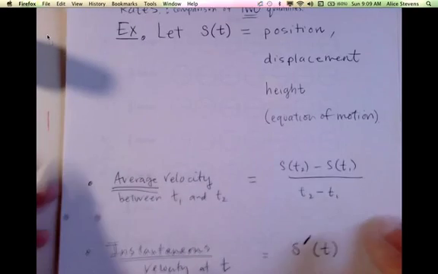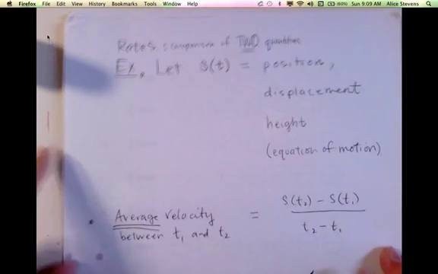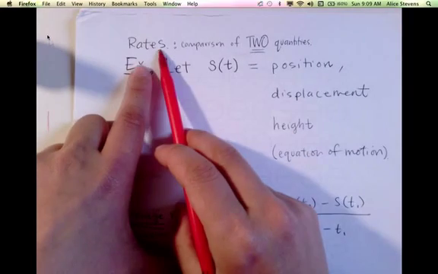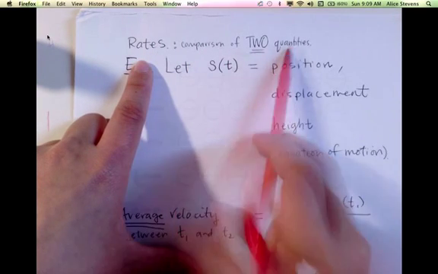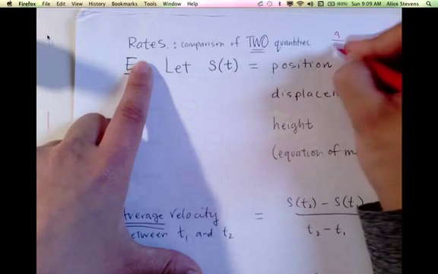The last thing I want to mention is you'll see some examples that involve rates. Rates are what you get anytime you compare two quantities using a quotient, like a over b.